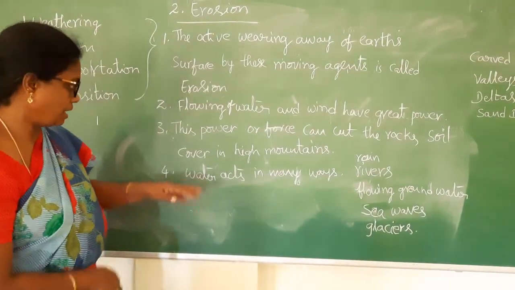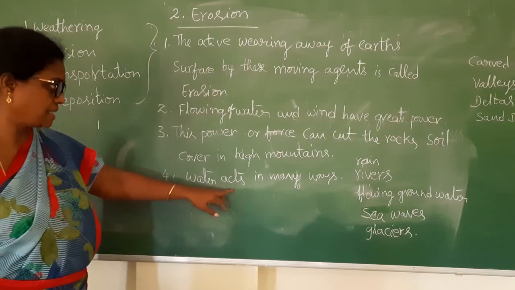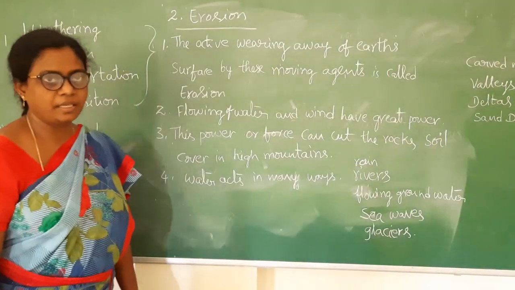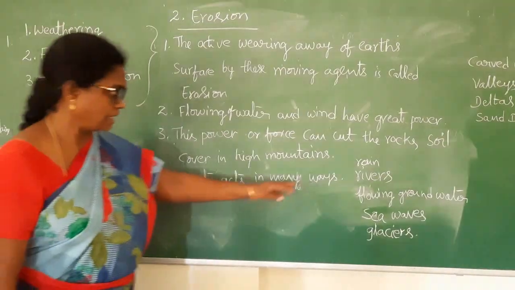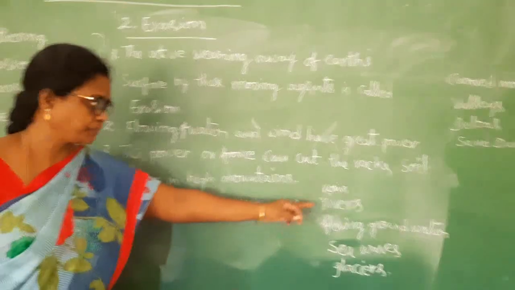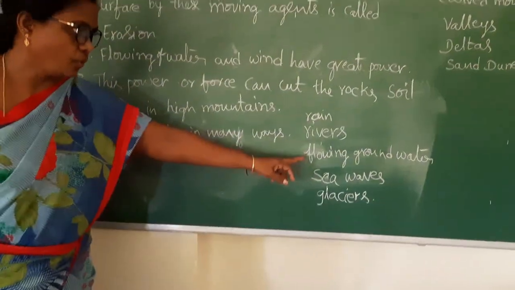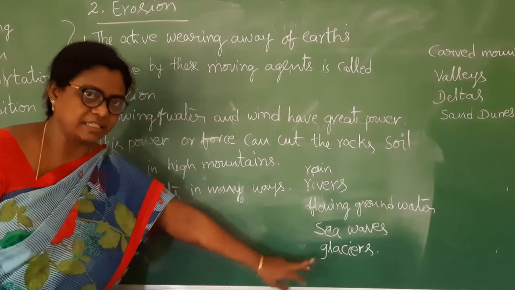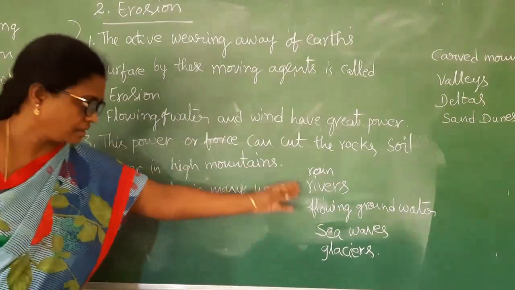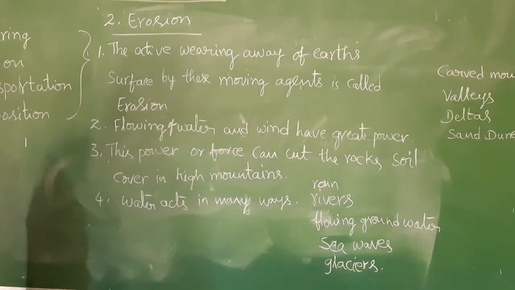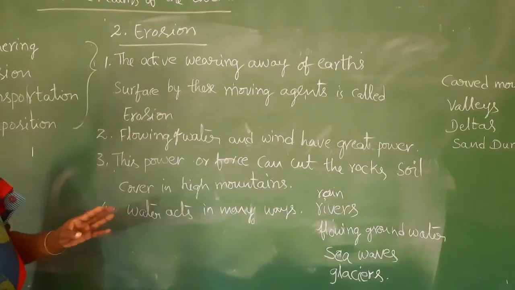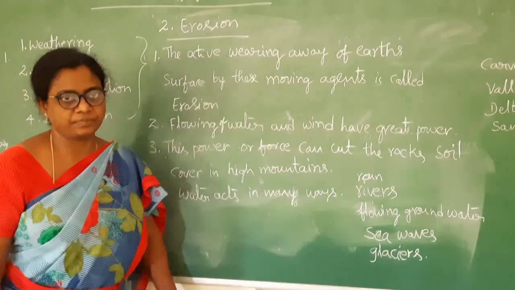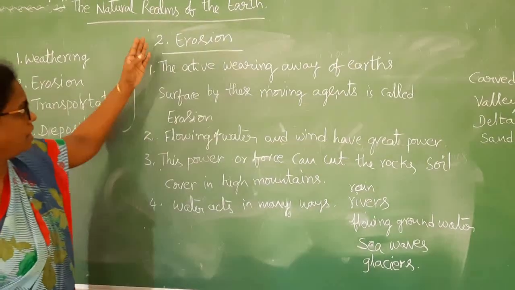And water acts in many ways. What are they? Rain, rivers, flowing groundwater, sea waves, glaciers. We can observe water in many ways. So this is erosion.